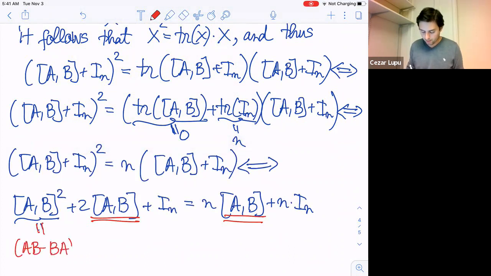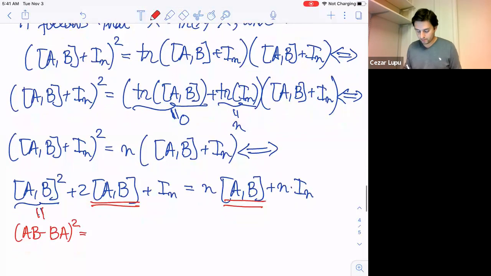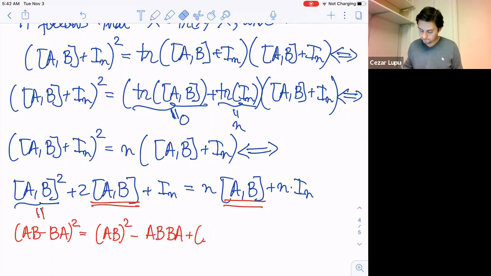So AB minus BA, everything is squared. And I would like to expand this. So this would be AB squared minus AB BA plus BA, everything.